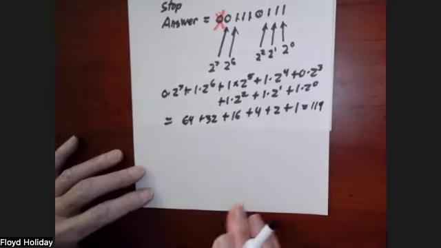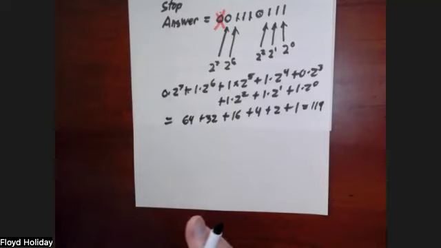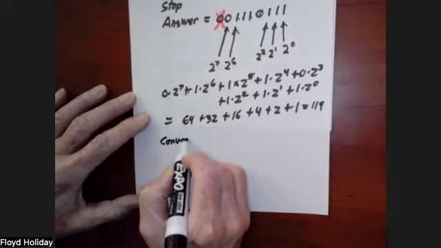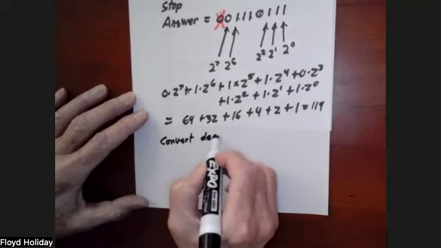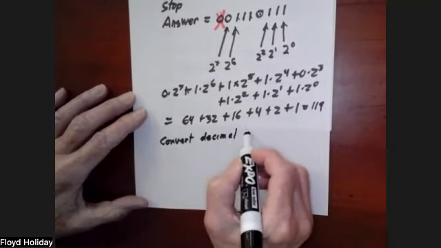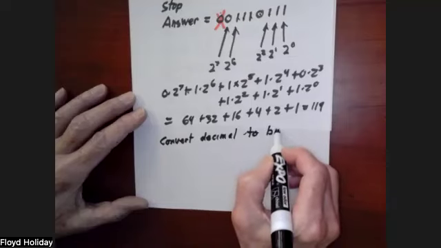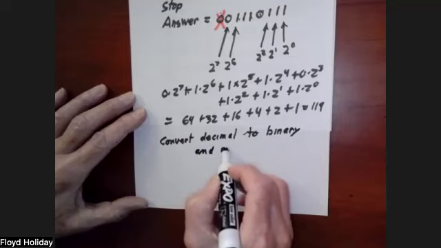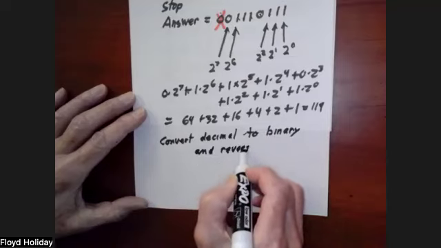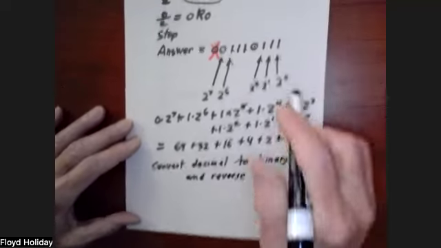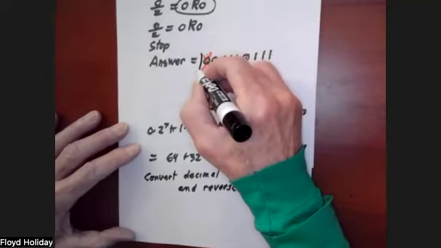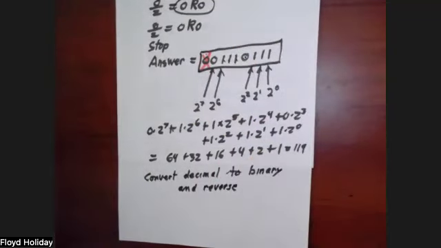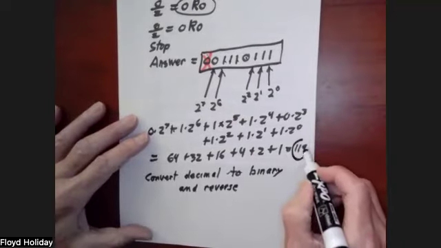Okay. So here we have it in 2 directions. You're able to convert decimal to binary and the reverse. If you start out with this binary number, you do this stuff, and you get the decimal answer at the end.